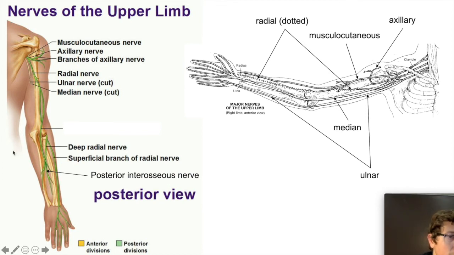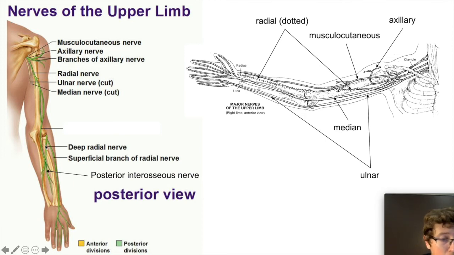And then that nerve, as it goes down, is going to branch into the deep radial nerve, and that deep radial nerve will further branch into the posterior interosseous nerve. So the radial nerve is running down the posterior side, and then it has these two branches coming off of it.